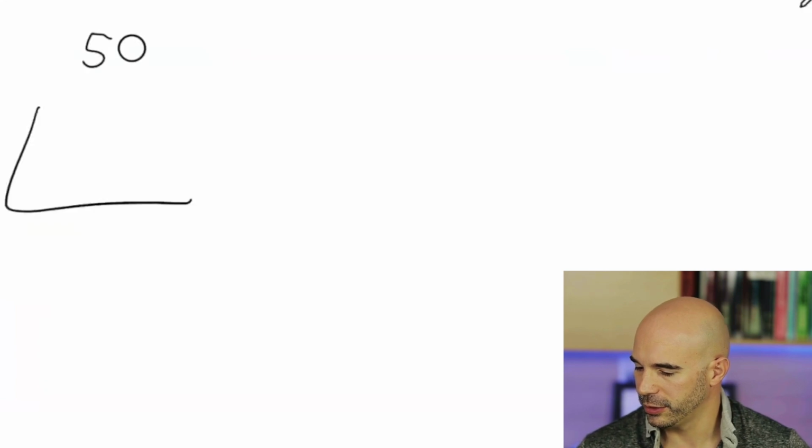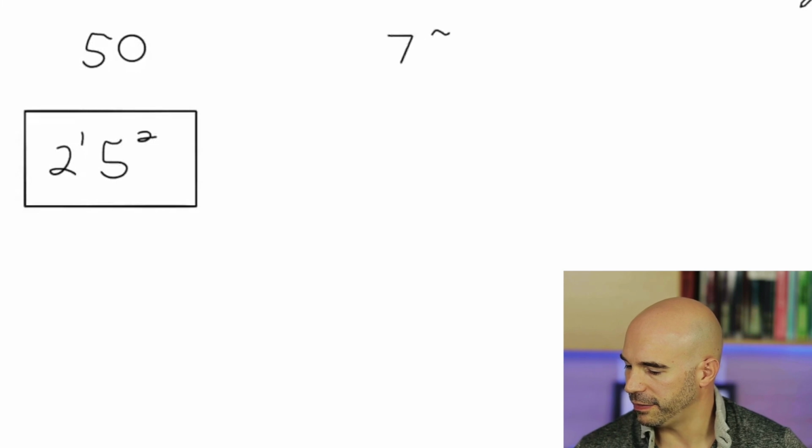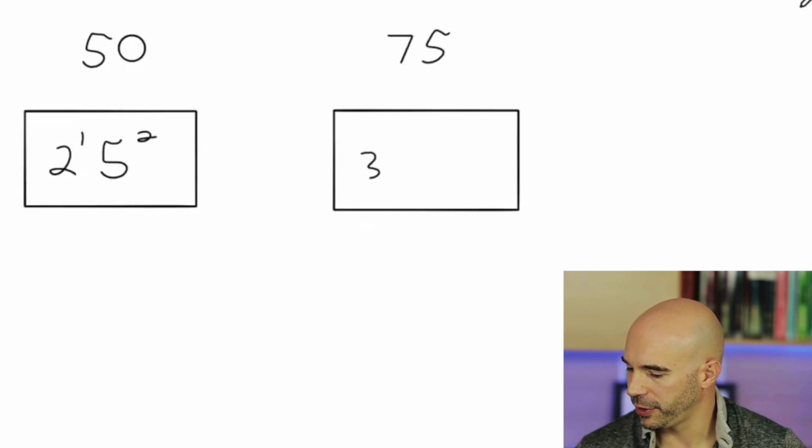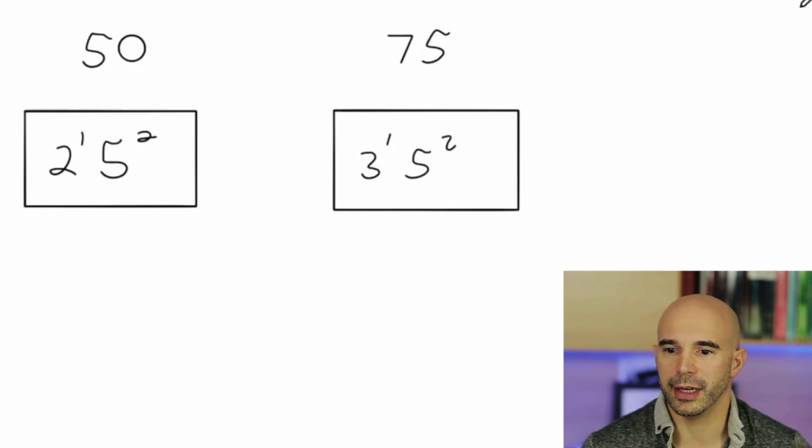So just to give you a visual, in case you're a visual learner, let's take this example, 50. So prime box is 2 to the 1, 5 squared. And let's say 75. So that's 3 to the 1, 5 squared. So I have a customer, I know he's going to be coming in today. I don't know which of these shopping lists he's going to come in with.